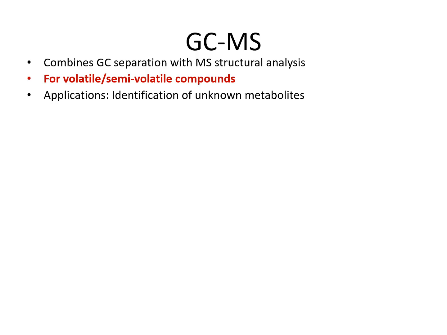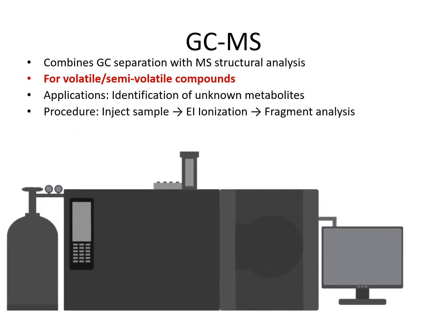So GCMS has several applications. It can be applied to identify unknown metabolites, for example, phytochemical compounds from plants, metabolites from microorganisms, and so on.